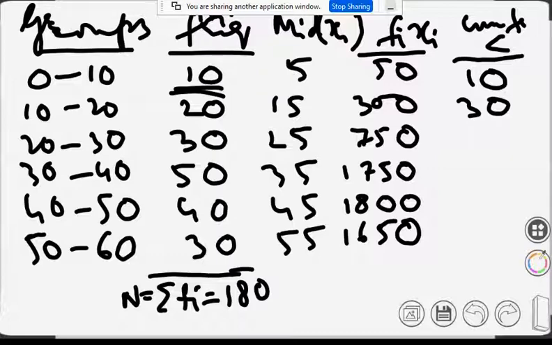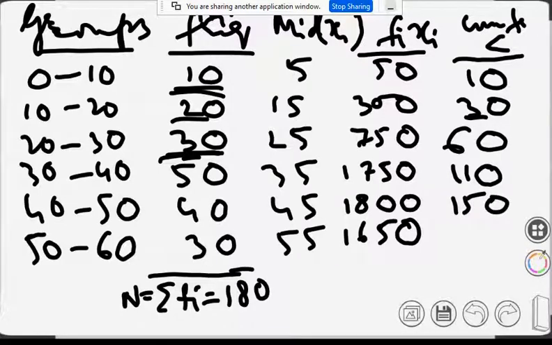Then 30 plus 30 is 60. We will always add the next frequency to the previous value, that is the cumulative frequency. We have already explained that. Keep on adding the frequencies from the top. So first one is 10, second is 10 plus 20 gives 30, third is 30 plus 30 gives 60, fourth is 60 plus 50 is 110, then 110 plus 40 is 150, and finally 150 plus 30 is 180.